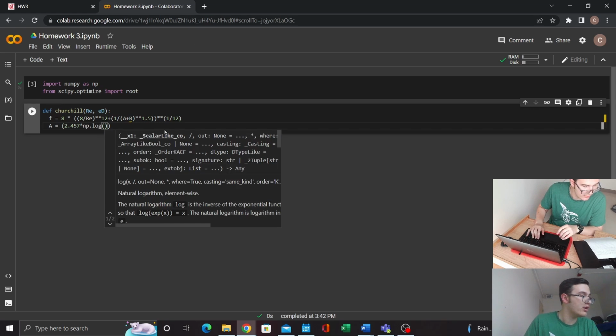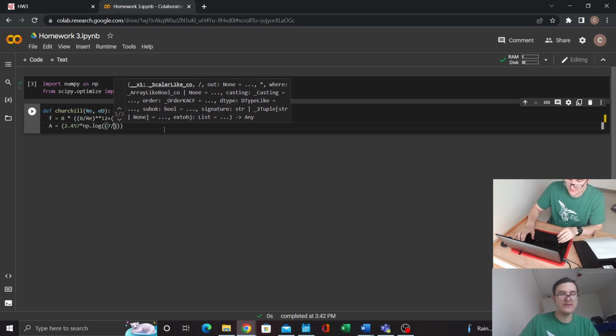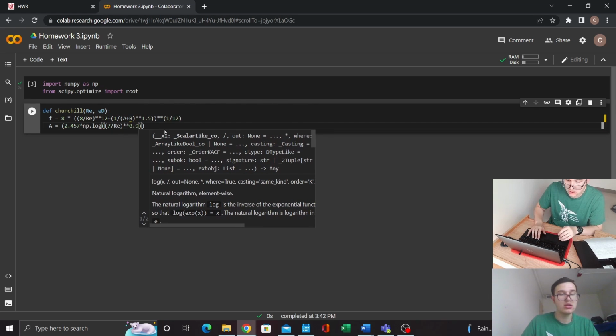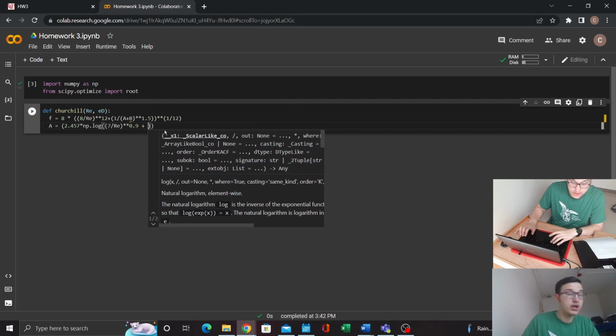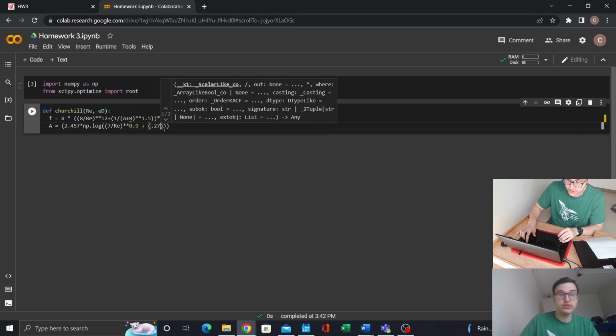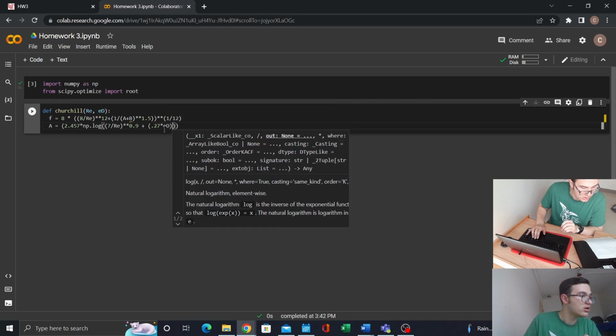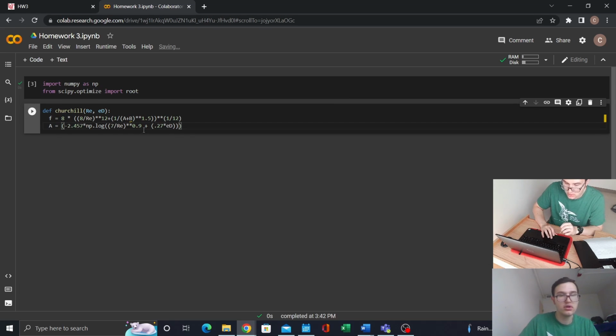The log of 7 divided by the Reynolds number to the power of 0.9, plus 0.27 times ED. And this is negative, all to the 16th power.